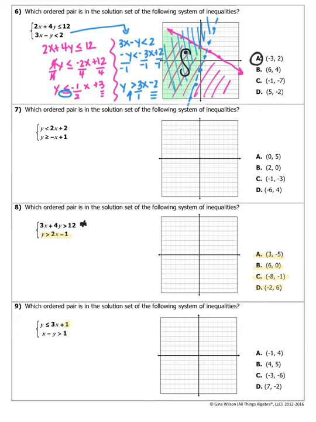Start at your 1 and then move your slope up 3, right 1. For x minus y is greater than 1, be sure to solve that to get the y by itself to start. Do not forget, when you multiply or divide by a negative, it does flip your inequality symbol. So go ahead and try number 9 on your own now.